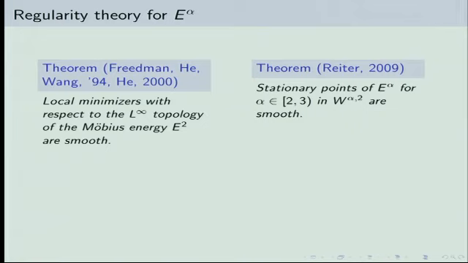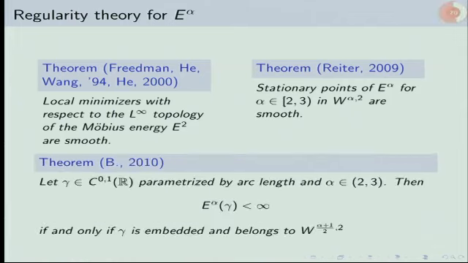And for the general cases, the theorem due to Philipp Reiter, who was talking yesterday, says that even stationary points for E alpha are smooth, but only under some extra conditions, if we assume that we are in some strange space W alpha 2 already.